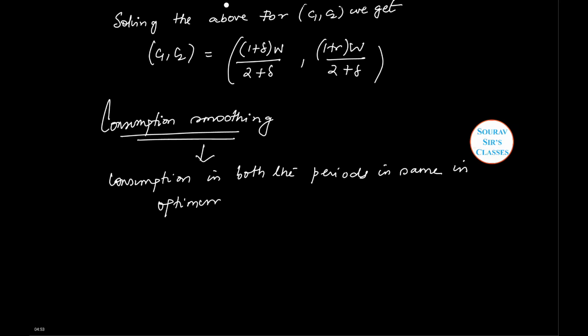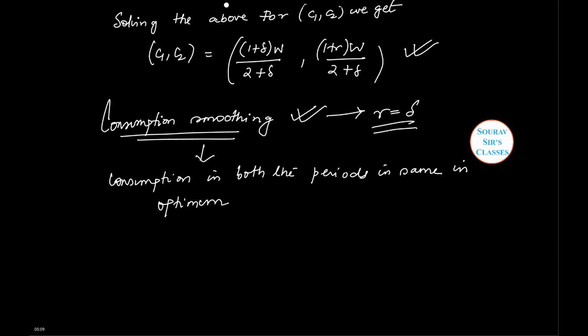This is the very meaning of consumption smoothing. And as far as this problem is concerned, this consumption smoothing will be achieved only when R is equal to the discount factor. This will be the answer.